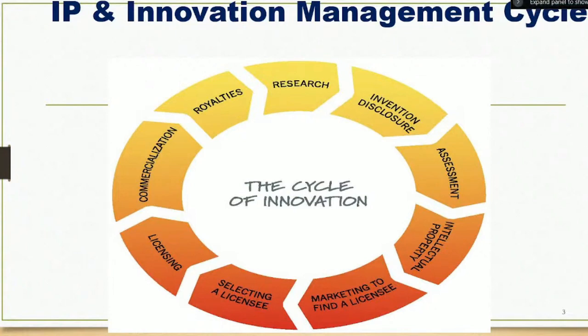There are 3 stages, as I told you. IP creation. So when you do research, when you develop a new technology, new product, or a new service based on the invention, that is what we call IP generation. You have generated the IP, which was not existing up to that point. That is what we call IP generation.